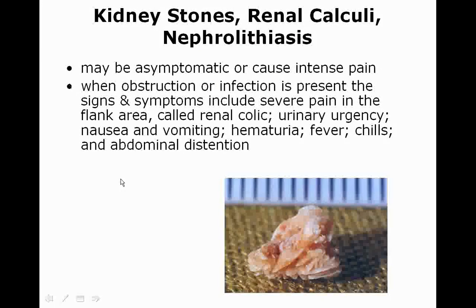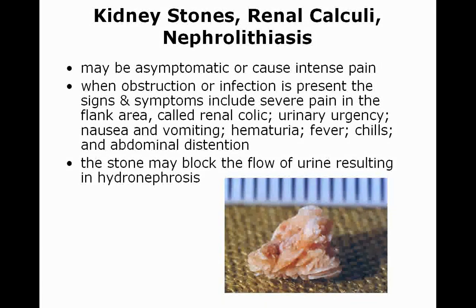They may have such severe pain that they develop frequent nausea and vomiting, urinary urgency, hematuria, blood in the urine again, fever, chills, and abdominal distension due to those kidney stones. The stone may block the flow of urine that I mentioned a few minutes ago, resulting in hydronephrosis. This picture here is showing an actual kidney stone.